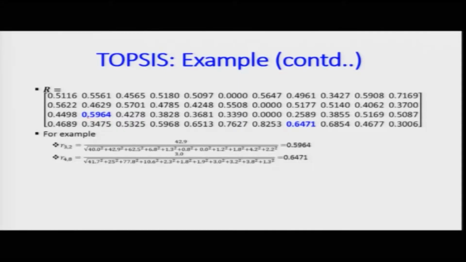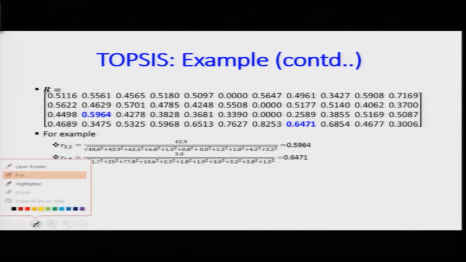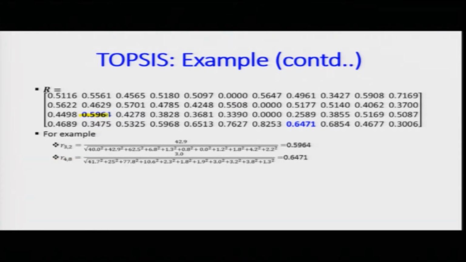Let us look at these two blue points, 0.5964 and 0.6471. If you go back to the slides of the last class, they were basically normalized. You can use the concept of either the column or the row, and I am doing it along the row.